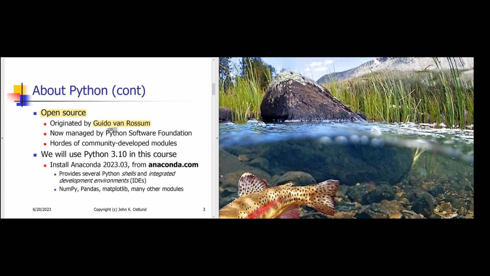Nowadays, an organization, loosely knit in the way of open source projects, called the Python Software Foundation controls Python, and they have new releases on a periodic basis. And in the so-called Python ecosystem, there are a tremendous number of modules developed for free by people in the so-called Python community.